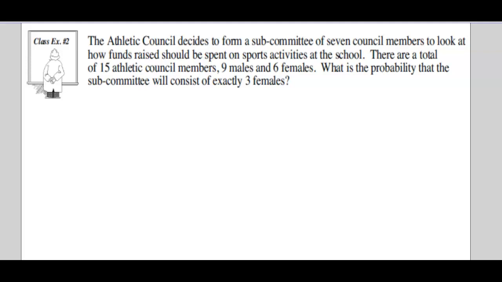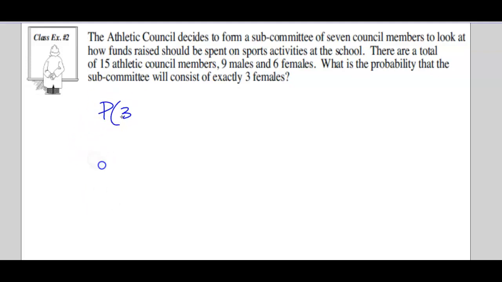What is the probability that the subcommittee will consist of exactly 3 females? Just want to be careful in case there's a question that says there's got to be a president, vice president, secretary, that kind of thing. Because that does matter what order, but this doesn't, right? So we want probability of 3 females.